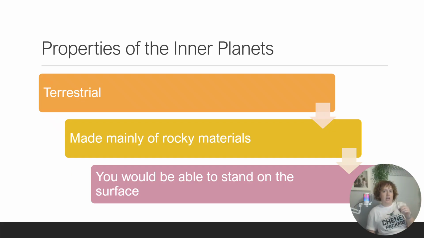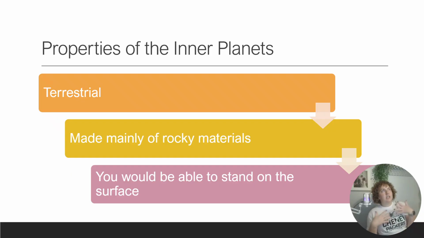There is a surface that, barring how long it takes to get to these planets and the intense heat of the sun or their atmosphere, we would actually be able to stand on all of them. They're mainly made of rocky and metal material, and like I said, you'd be able to stand on them if you were able to actually get to their surfaces.